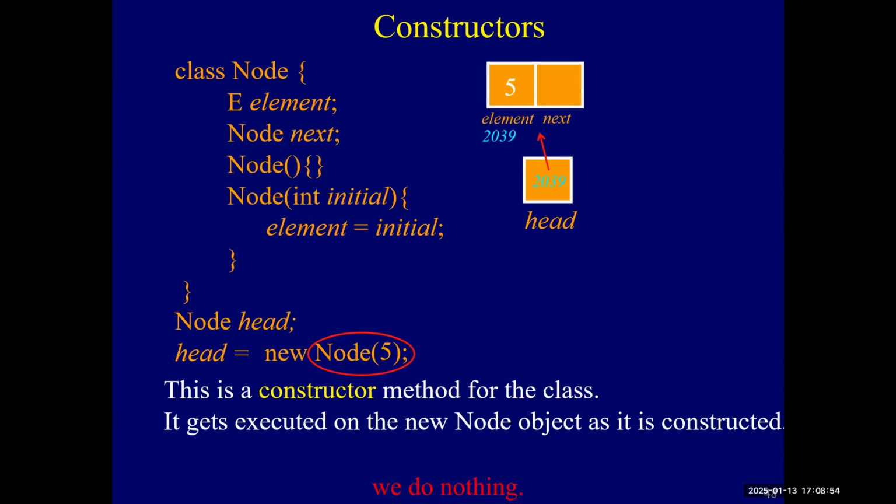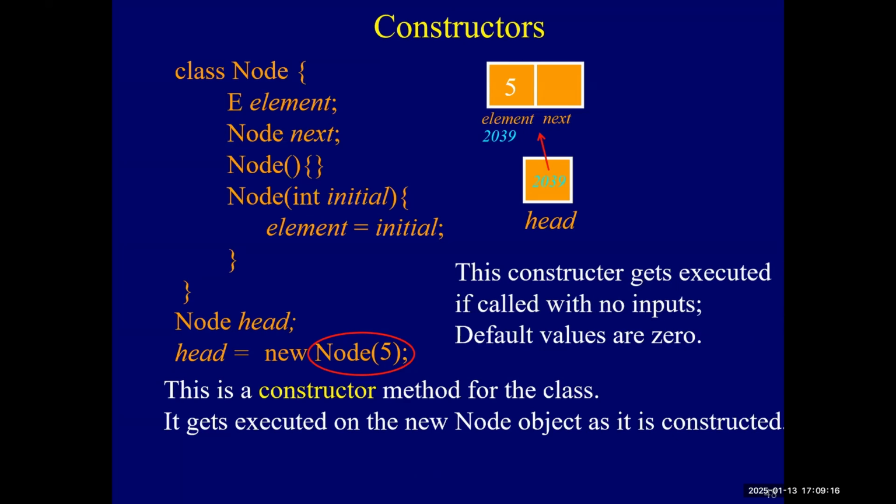In this case, we do nothing. If you didn't have that line and you called node without anything, it might crash or it might figure it out. I don't know. So maybe you don't need to put that in, but it's good to know that you could put it in.